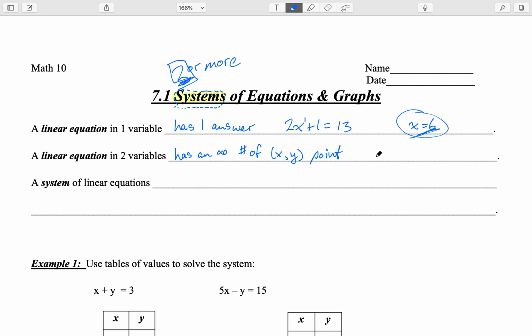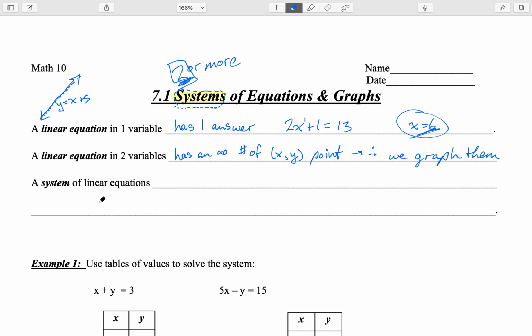It's going to be a whole bunch of points, right? And we figure out the slope and the rise and the run and all that, and we put all these points together, and we're going to get a straight line. So that's what a linear equation in two variables is, if it's got x and y. Remember, we said like y is equal to x plus 5 or something like that. There's an infinite number of x and y points that work. So instead of just one answer, this one has an infinite number, and we connect the dots.